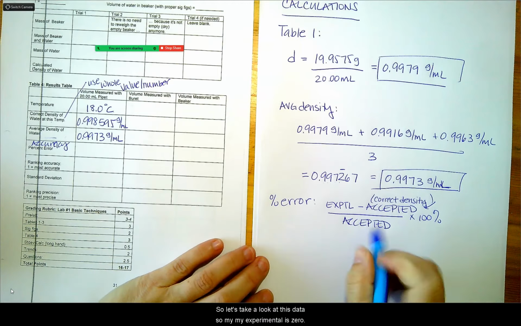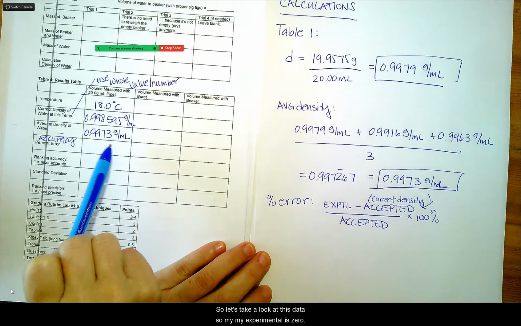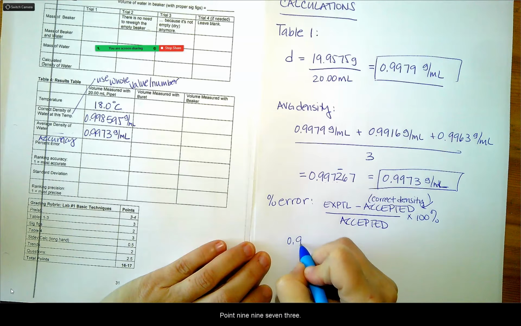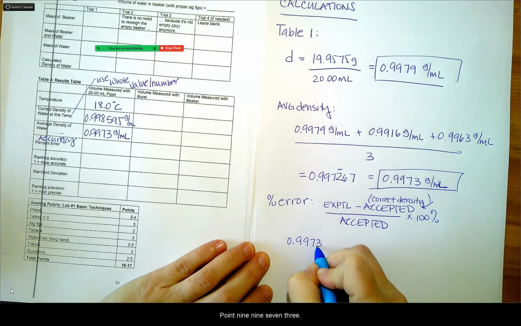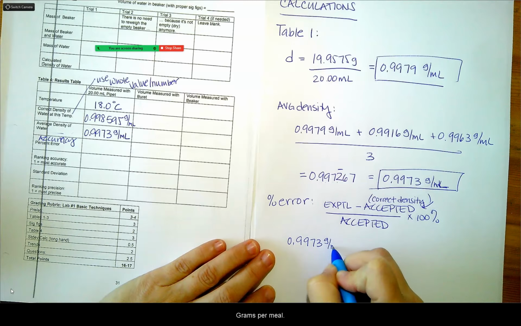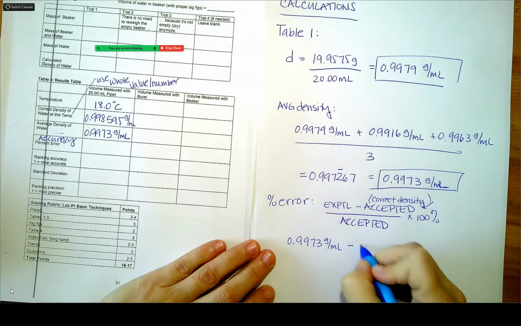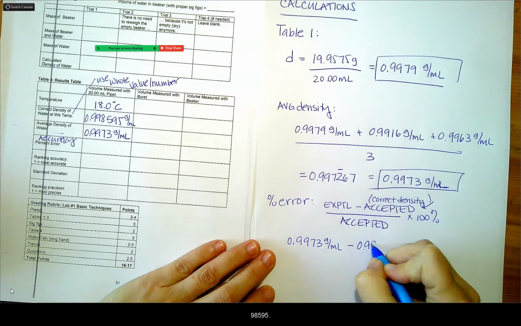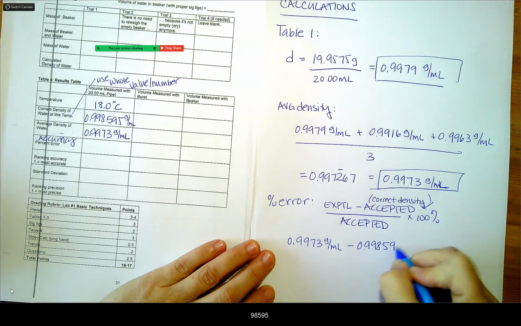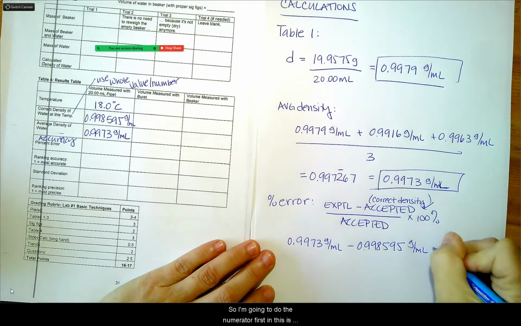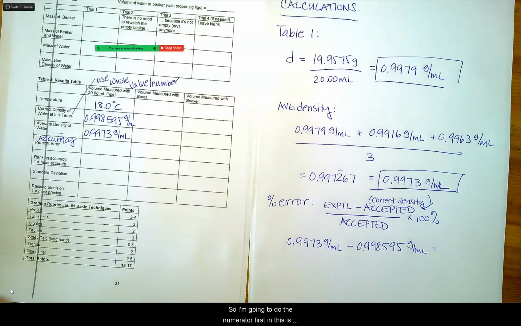Let's take a look at this data. My experimental is 0.9973 grams per mil. The accepted is 0.98595. I'm going to do the numerator first, and this is because of significant figures.